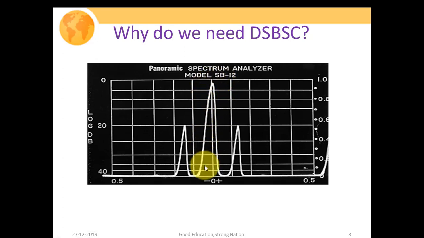Most of the power is contained in the carrier signal, but the carrier signal does not carry any sort of information. All the information or intelligence of the signal is contained in our sidebands, either in the upper sideband or in the lower sideband.